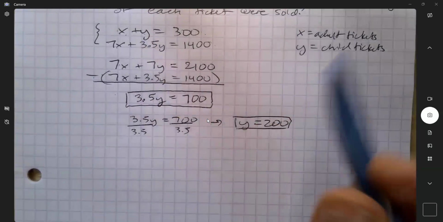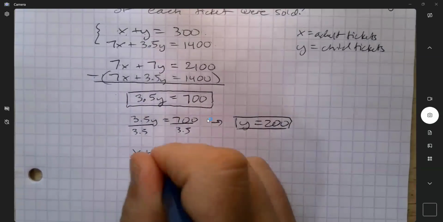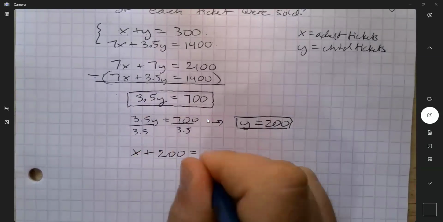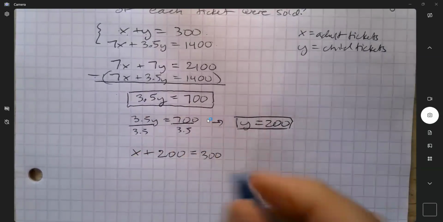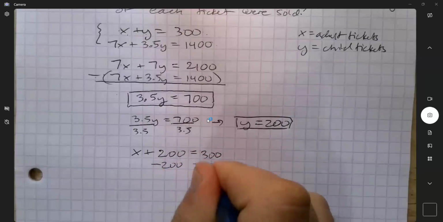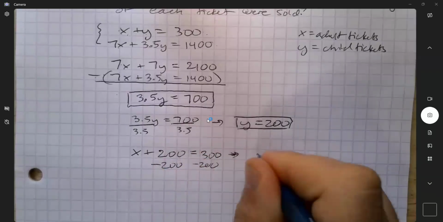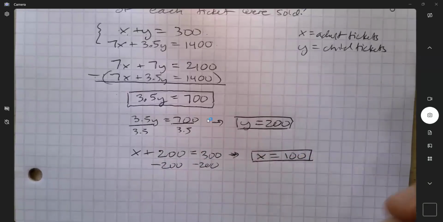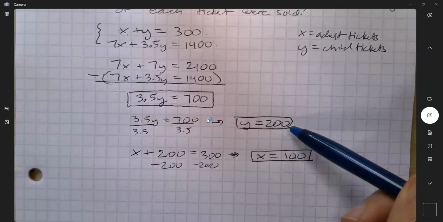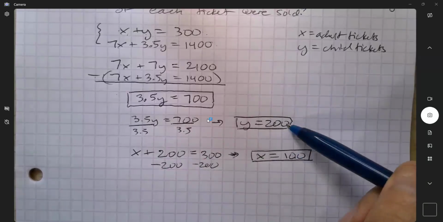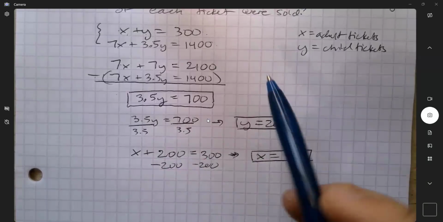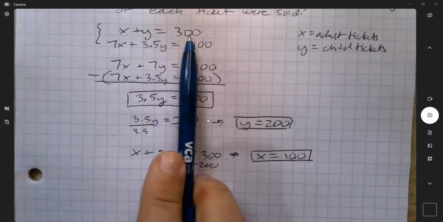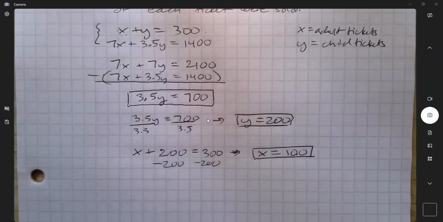I think the top equation's a little easier. x plus y means x plus 200 equals 300. Subtract 200 from both sides, and that gives me that x equals 100. So there were 100 adult tickets and 200 child tickets sold. And I encourage you to do the arithmetic to check those in both of the original equations.